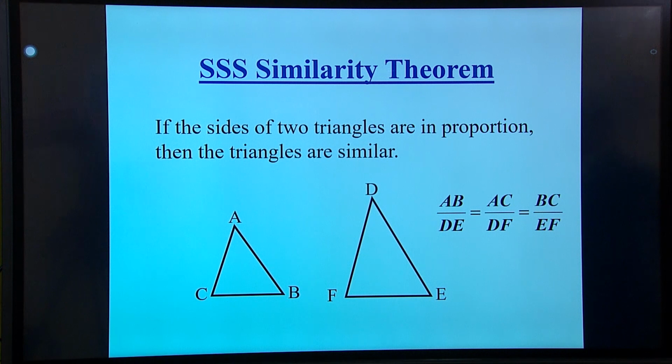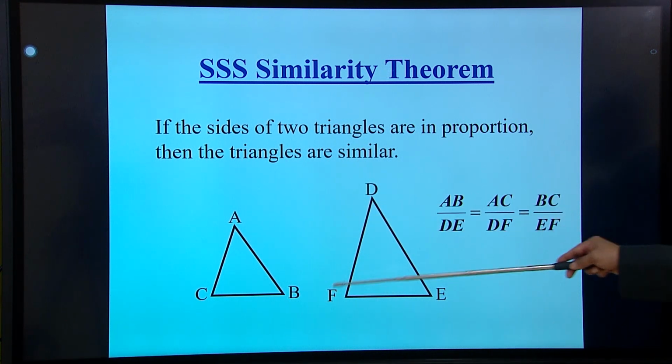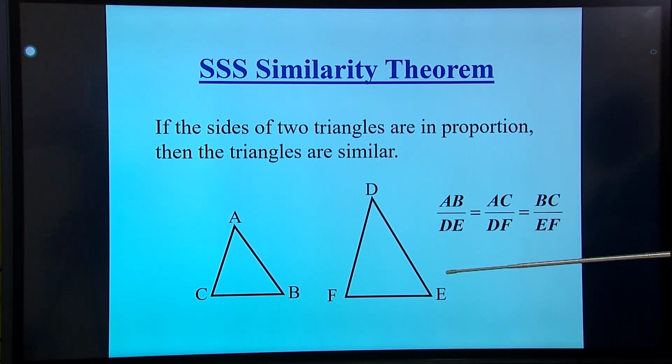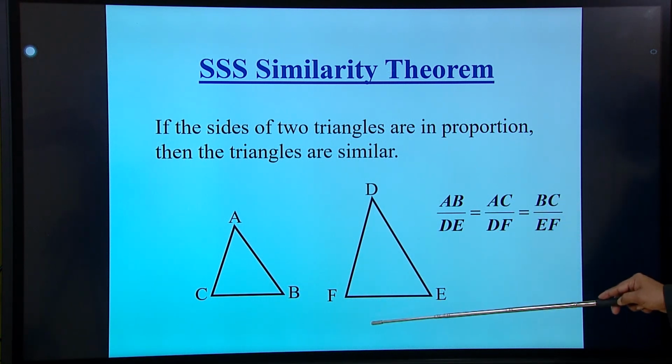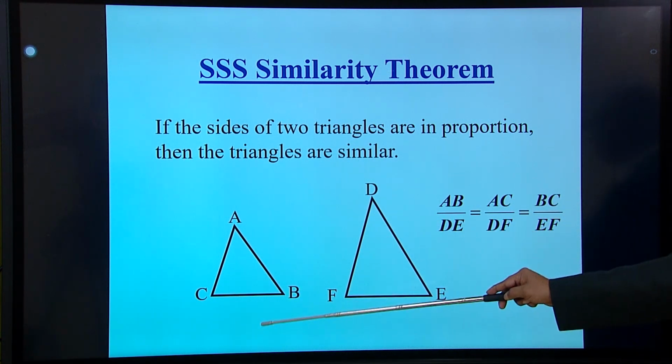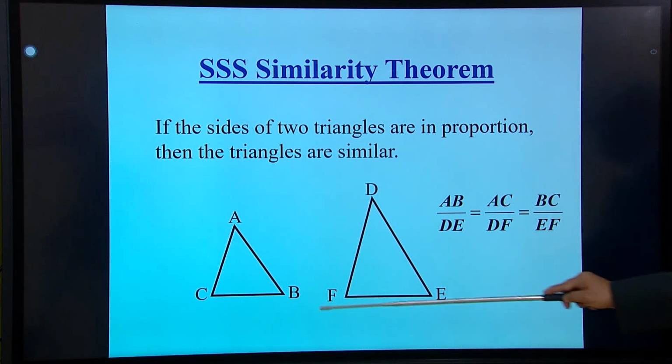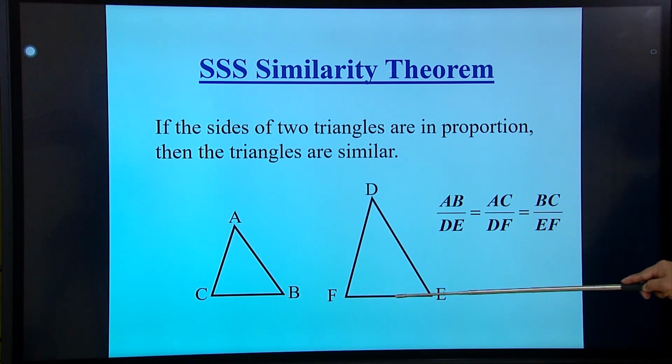Another way of stating that is we say AB over DE, same side, is equal to AC over DF, again same sides, is equal to BC over EF.